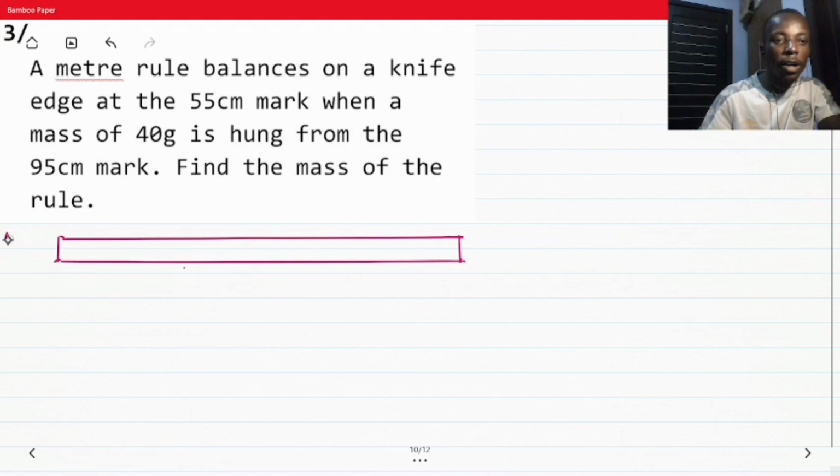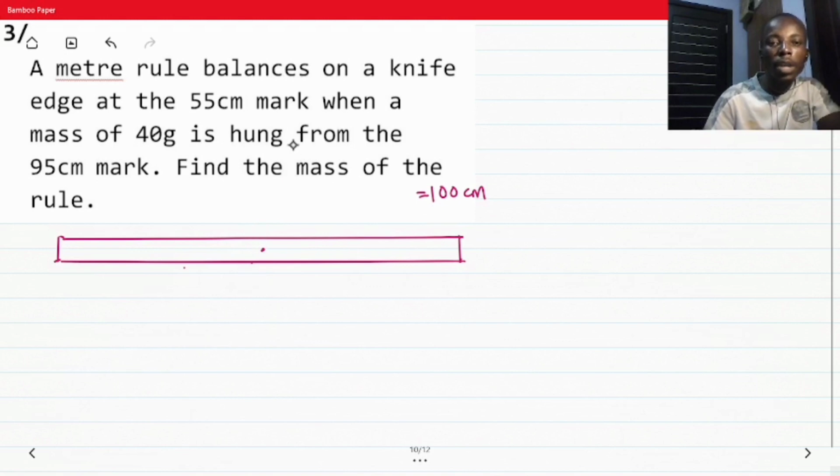Now a meter rule is 100 cm long. So the midpoint of the meter rule is about, let's say, 50 centimeter.